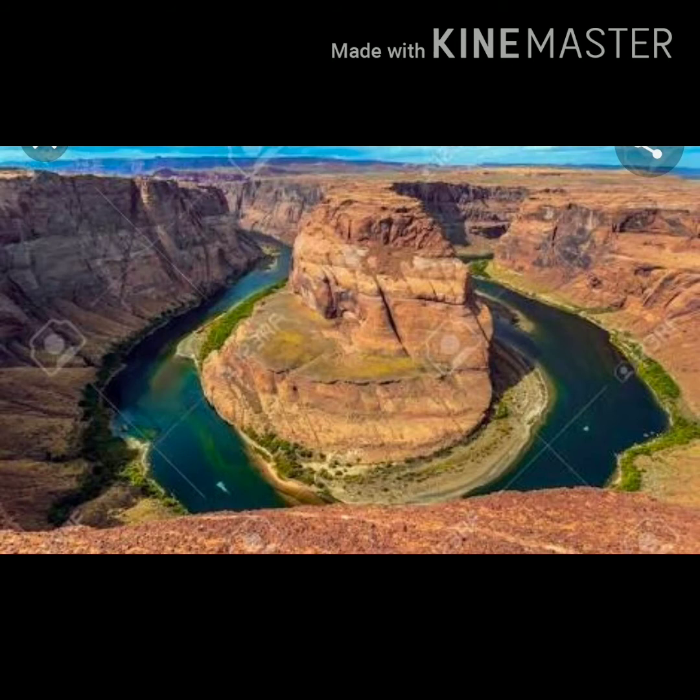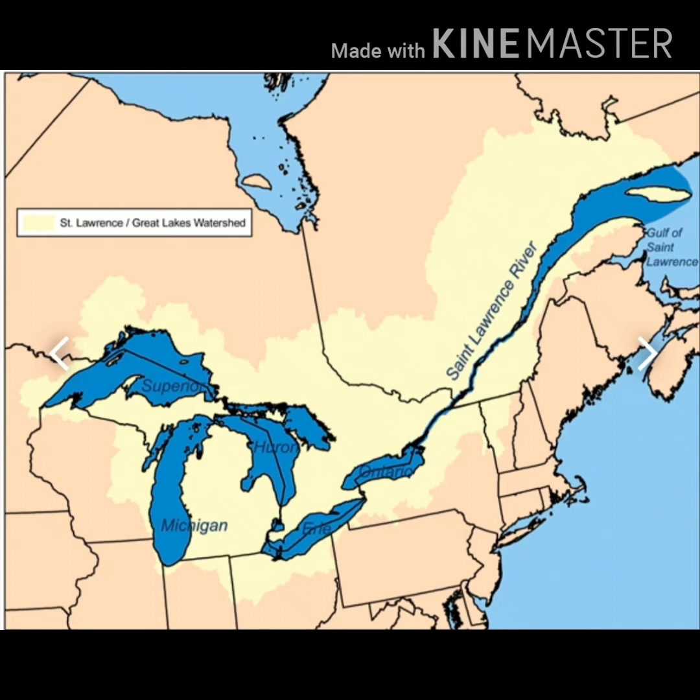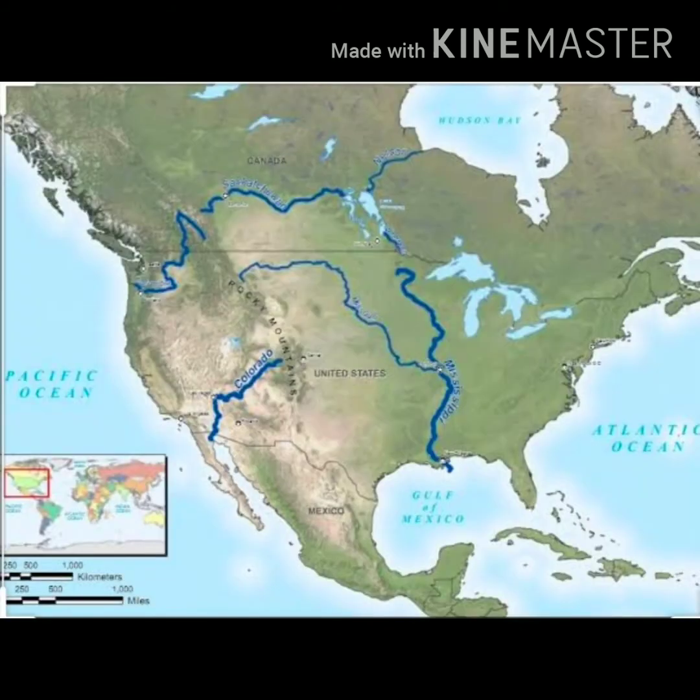Next is St. Lawrence River. St. Lawrence River originates at the eastern end of Lake Superior and drains Canada and some part of the United States, or mainly we can say New York.